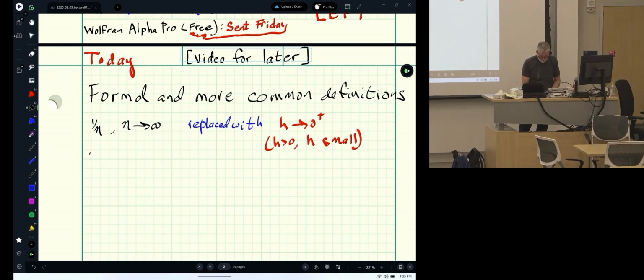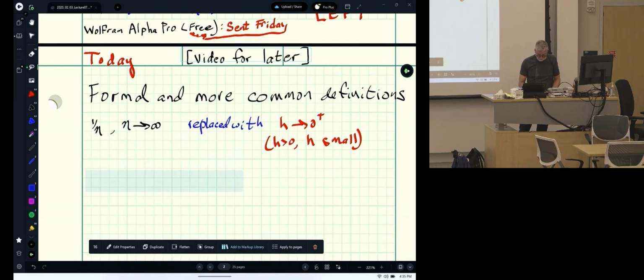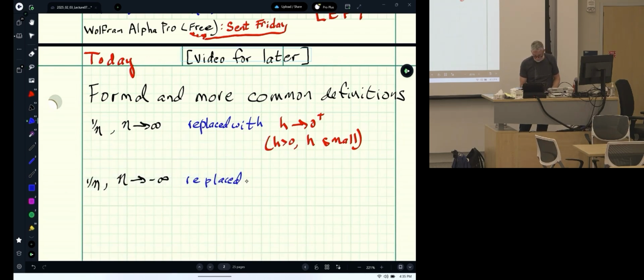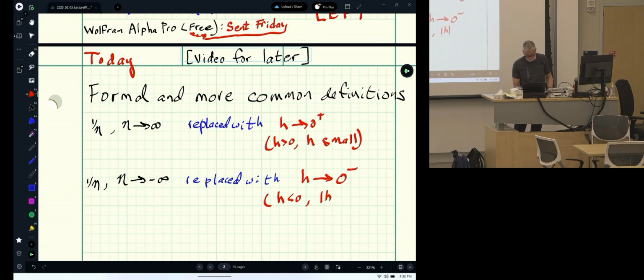And similarly, in the definition when we're using limits at infinity and this quantity 1 over eta, and let eta go to minus infinity, that's replaced with the symbol h goes to 0 from the left instead of the right, so that's 0 minus. That means h is negative and the magnitude of h is small.